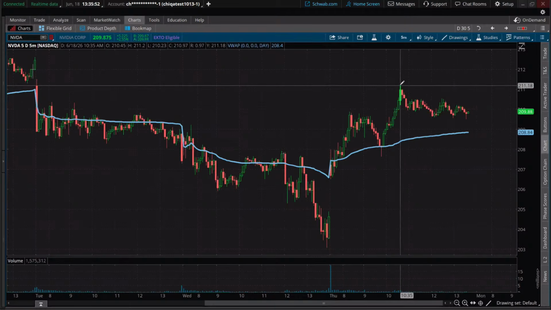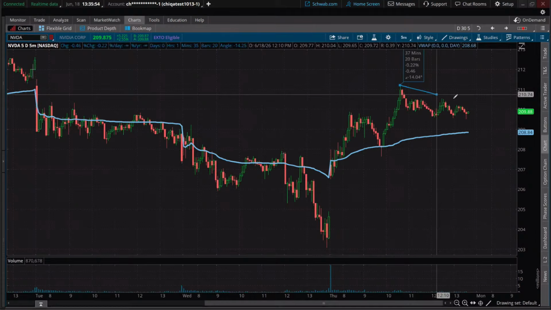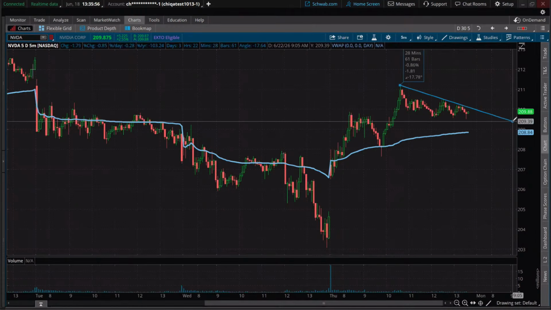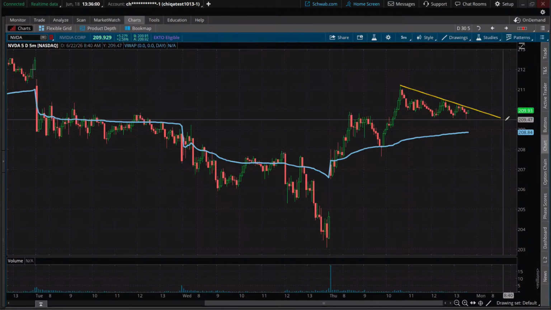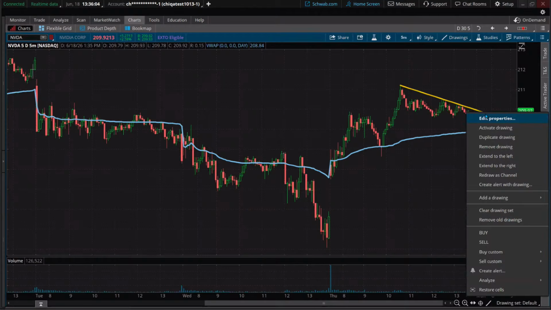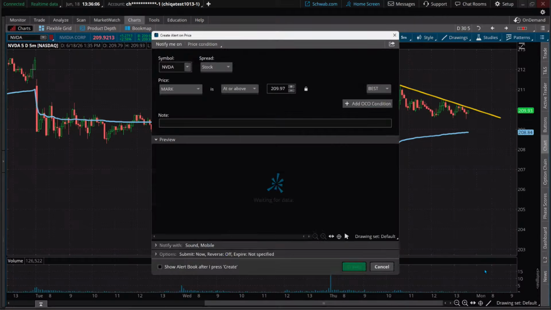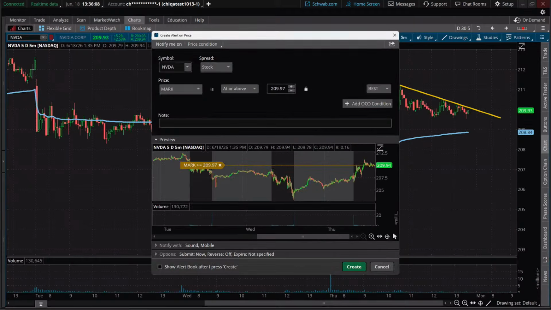If I just said this, breaking above the prior high or breaking the trend line could be interesting. This is a little bit more advanced in a sense, because you can still right click and then go to create alert. And then you would just say at or above, and you could say something like trend line break, question mark.